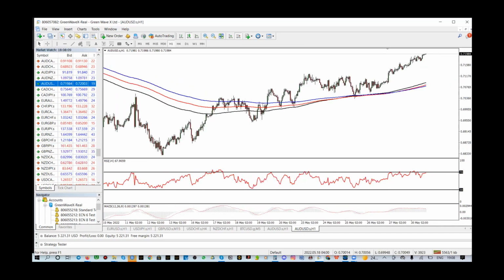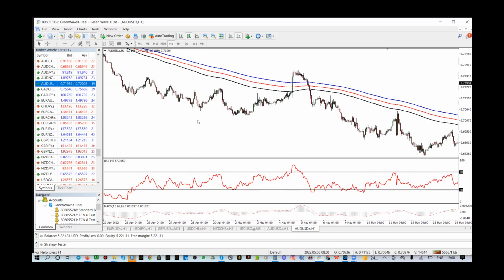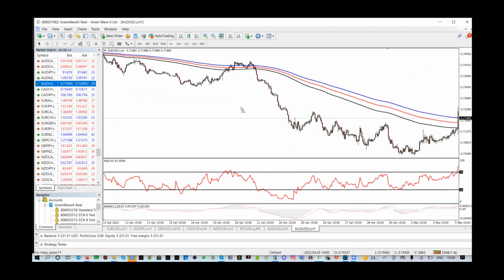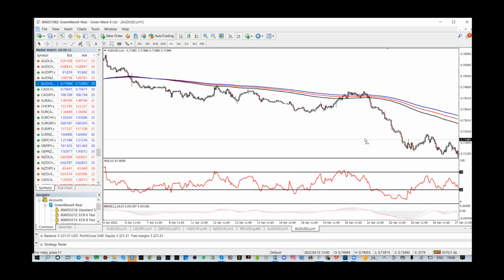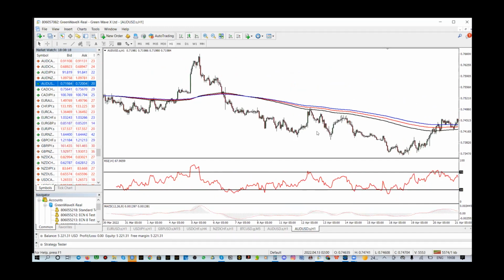Okay, so this is Australian dollar USD. So let's see if we can get some examples here. Now look at this example here. Price broke below here. That's the first thing. Then it makes a retracement to this place. Cool, right? Then you just plot your trend line.